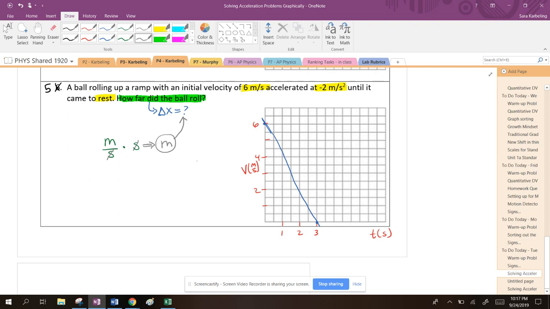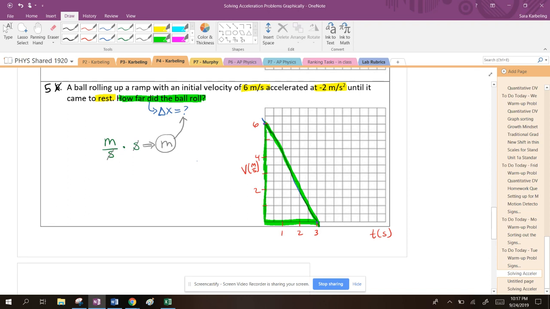In that one, we had a constant velocity, so we just found the area of the rectangle. In this case, we don't have a rectangle, but if we look carefully, the shape between the graph, that's the blue line, and the axes is now a triangle.